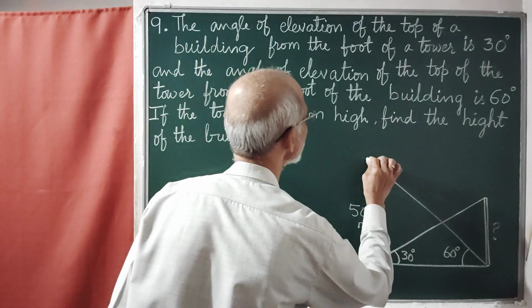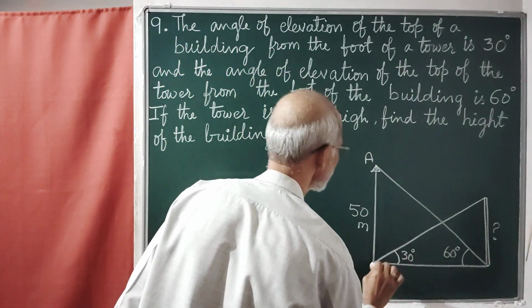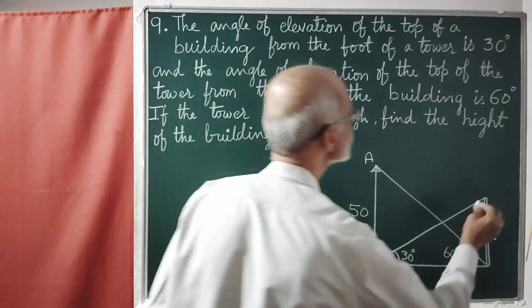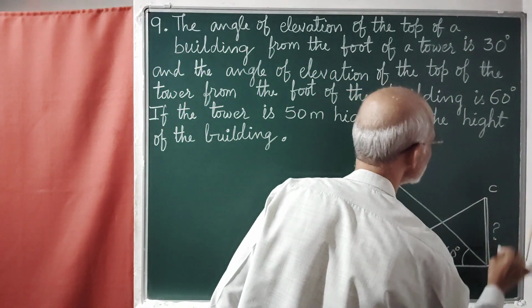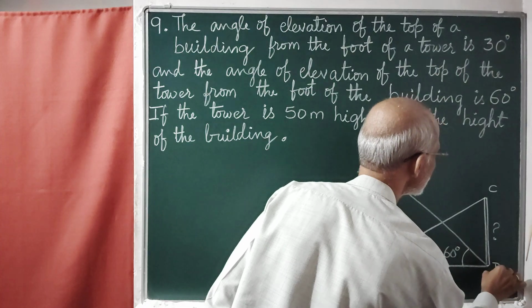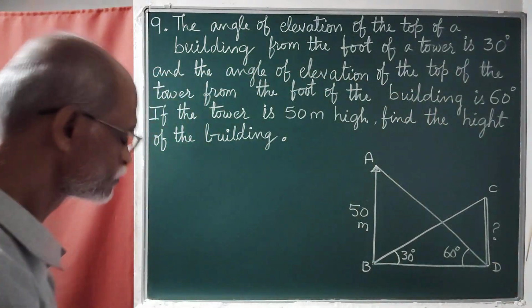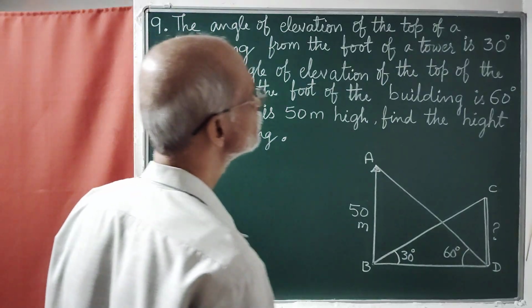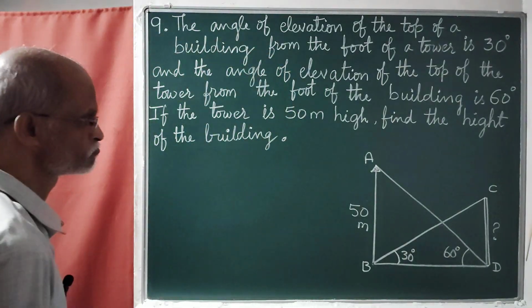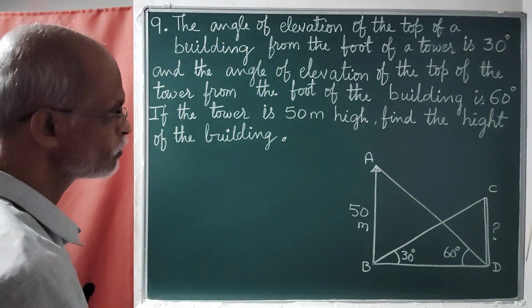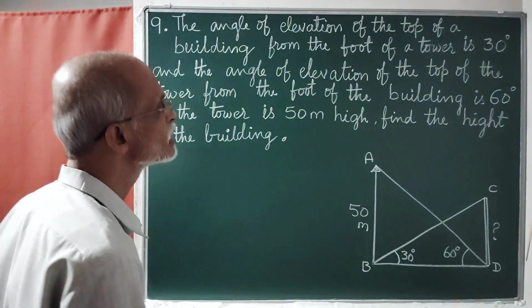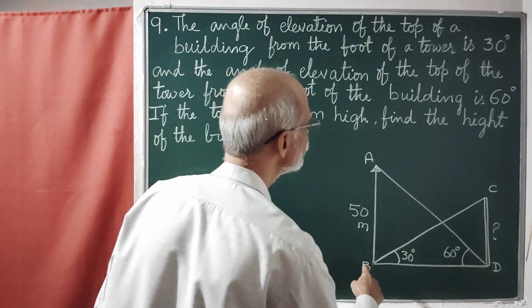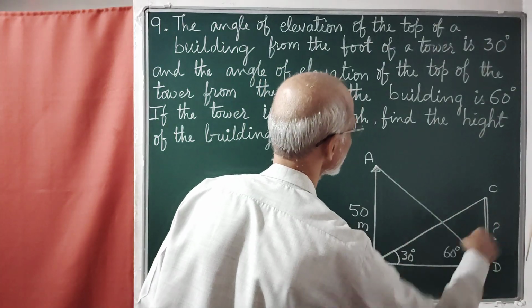So we'll name the tower as AB and the building as CD. Now we have got two triangles, ABD one triangle and BCD one triangle.